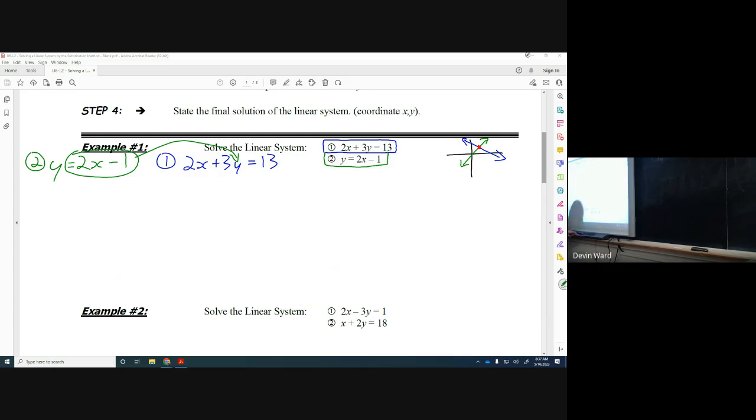That's why the colors might help. So I'm still going to have 2x plus 3, but now, instead of y, I already know that y equals 2x minus 1. So instead of writing y, I'm going to write 2x minus 1 equals 13.